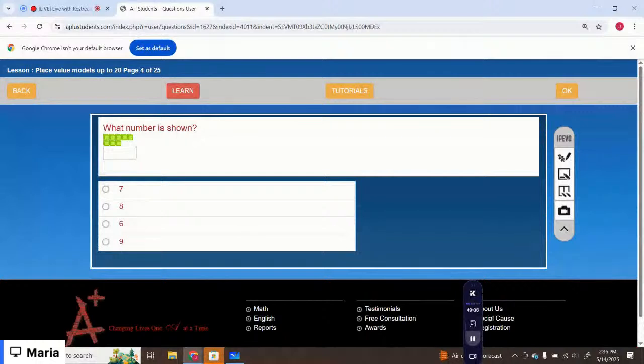What number is shown? That is 8. Option number 2 is the correct option.